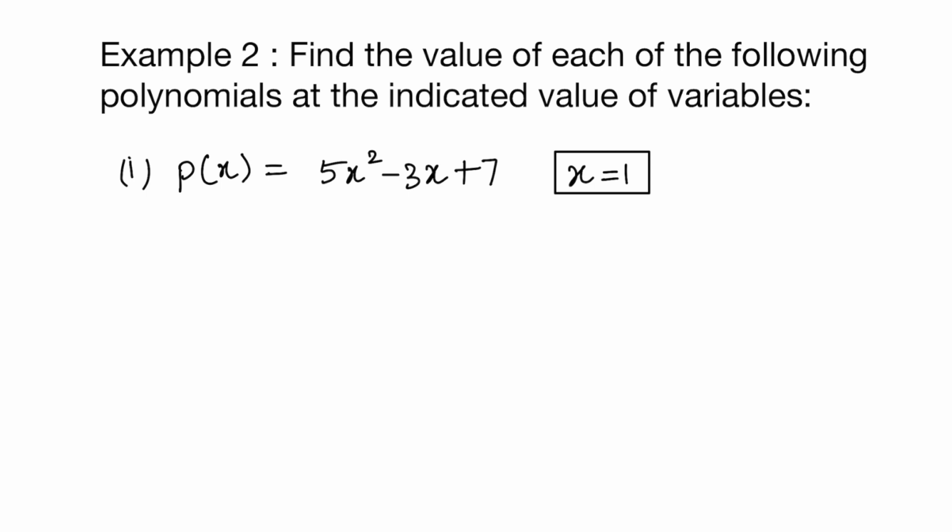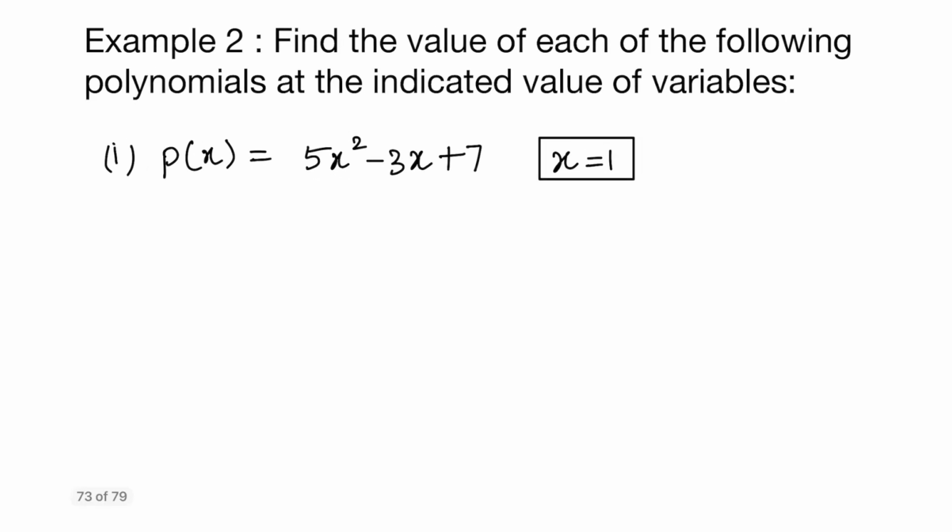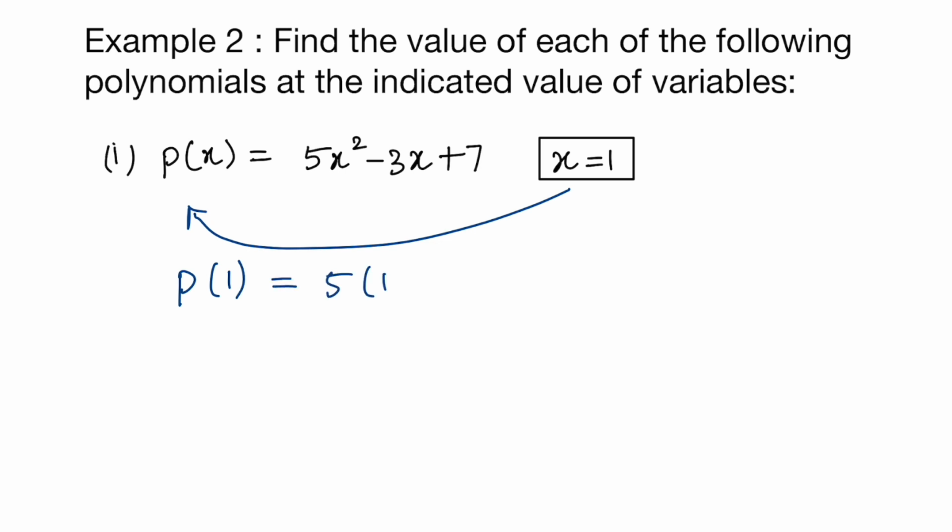It's very straightforward, pretty easy, so let me start solving this. p of x equals 5x squared minus 3x plus 7. First we apply the value x equals 1 here, so I can write it as p of 1. So p of 1 equals 5 into 1 squared minus 3 into 1 plus 7.